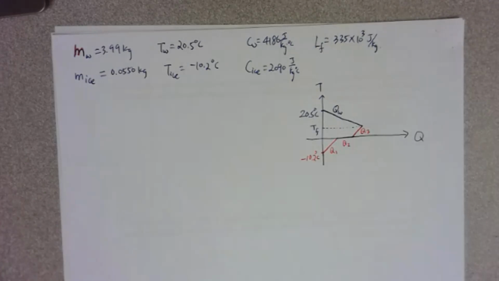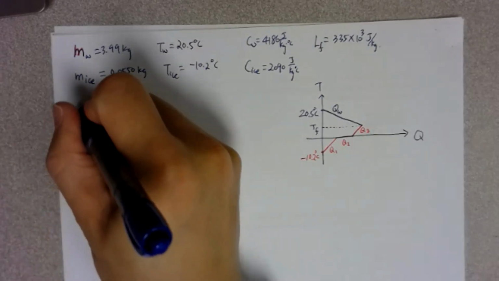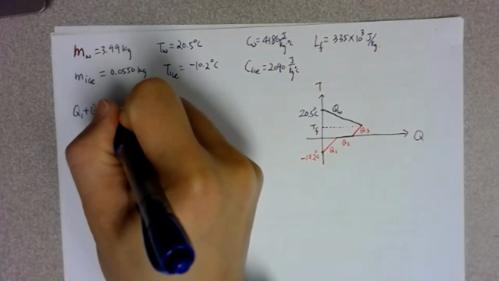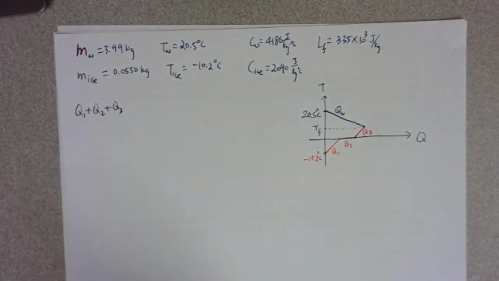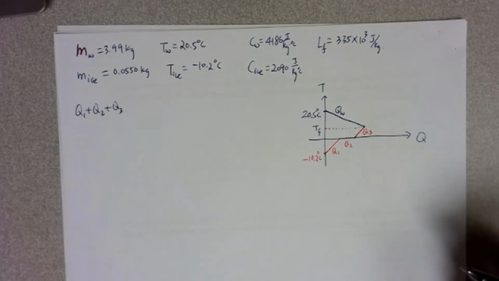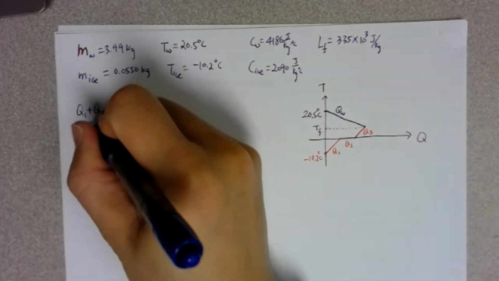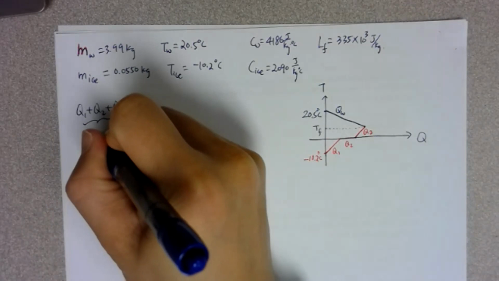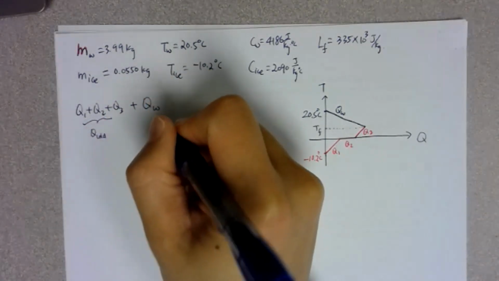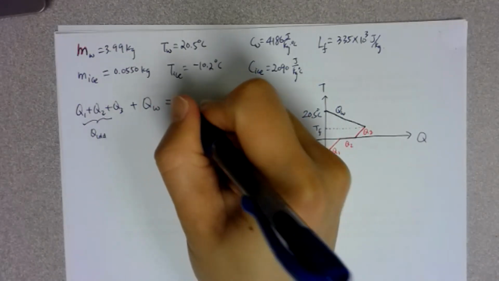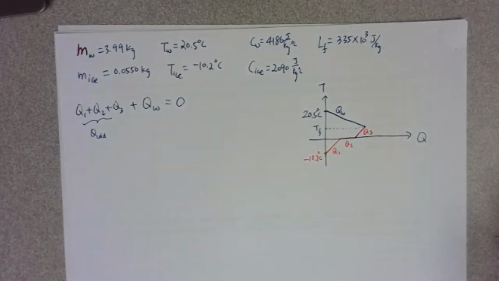We will just say Q1 plus Q2 plus Q3. This is the Q for the cold, so this is similar to the calorimeter problem. So this together will be Q of the cold, plus Q of the hot, equal to 0. So basically, this is what we are going to apply because that's the only heat exchange, between the ice and the lemonade.